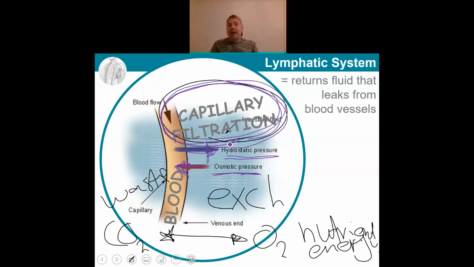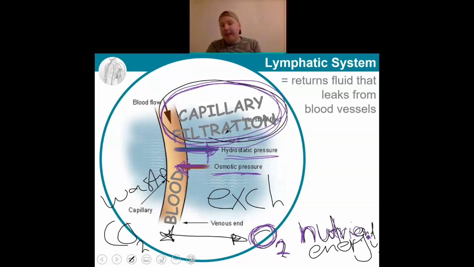And some of the things that we exchange is that, for example, we take oxygen to the tissues. So blood is used to transport the oxygen until we get to the capillaries, and then capillaries give away the oxygen to the tissues. In addition, we transported nutrients.